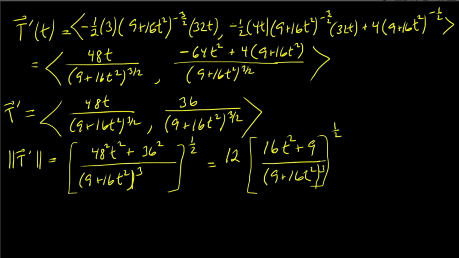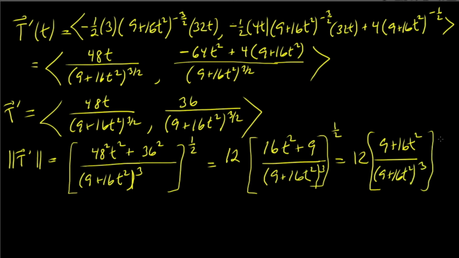Well, notice that the numerator is just 9 plus 16t squared. It's just in the wrong order, but it is there. And in the denominator, we have 3 of these factors, so obviously 1 of them will cancel.